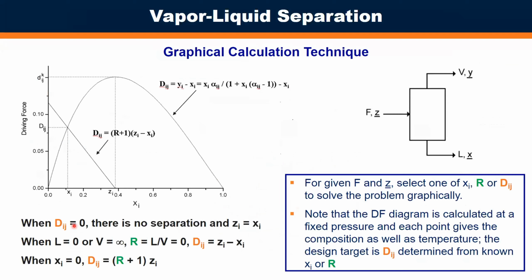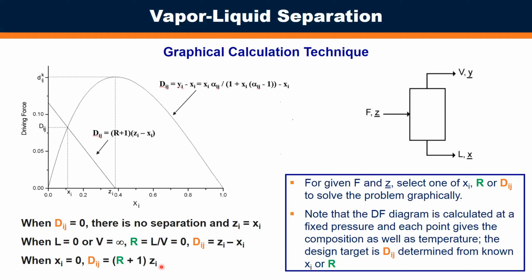When either the liquid stream is 0 or the vapor stream is infinity, then you get a 0 for L over V, and that means the driving force is just the difference between the feed composition and the liquid phase composition. And if we go to the other extreme, when we don't have any liquid, then the driving force is related just to the feed composition, like this.